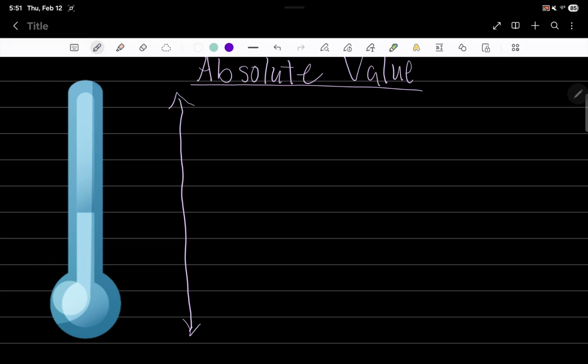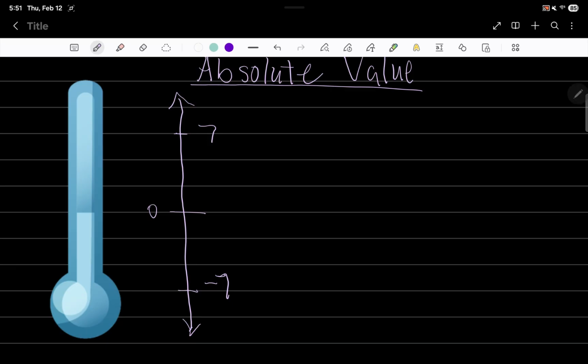So if we look at above 0 to go to 7 degrees, and we look at below 0 to go to -7, we see that the absolute value measures how far the temperature is from 0.